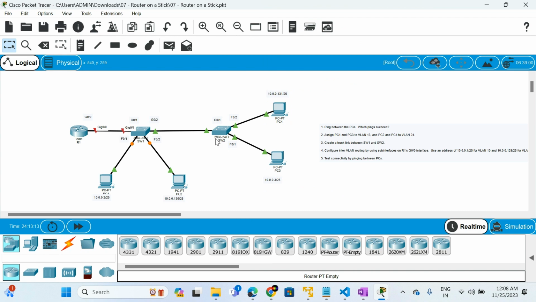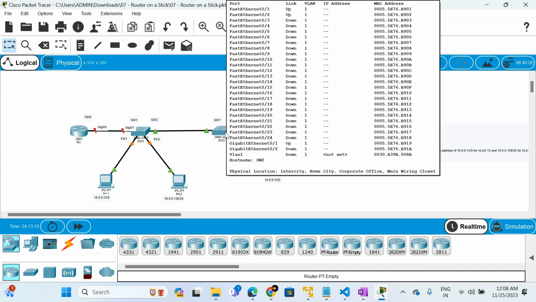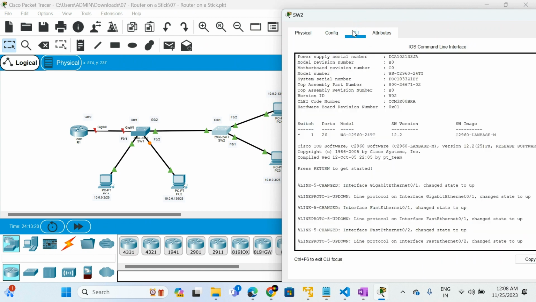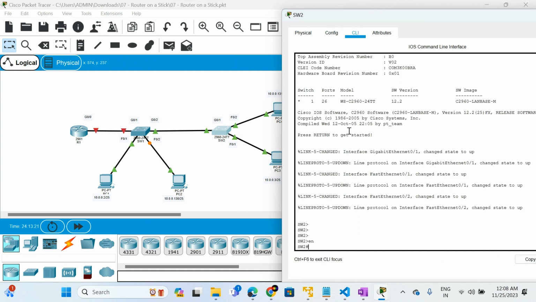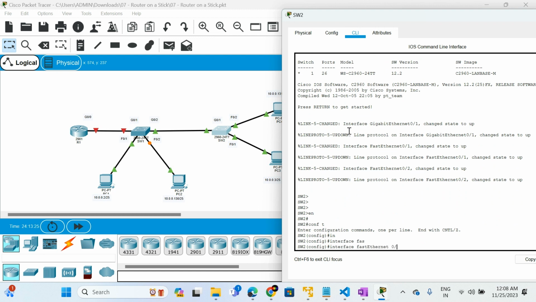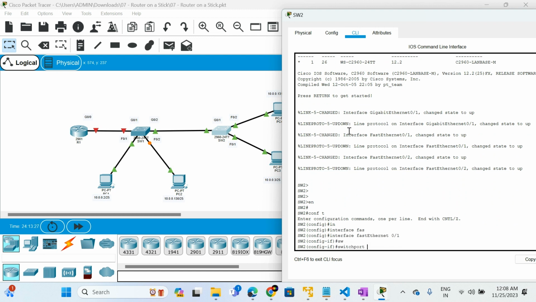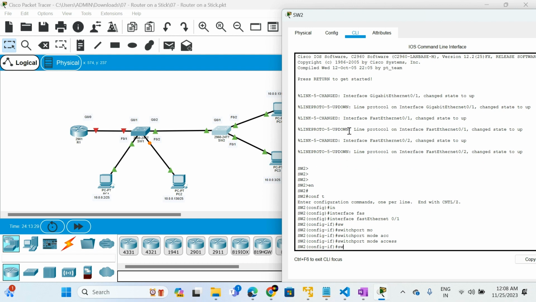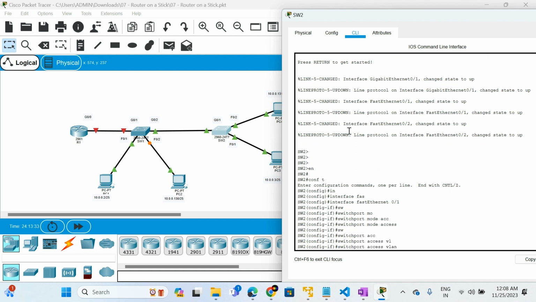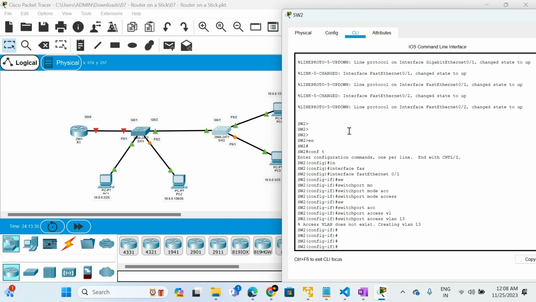Done with these two, now moving to switch 2. conf t, interface fast ethernet 0/1, switchport mode access, switchport access VLAN 13.